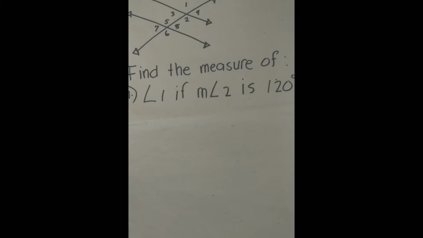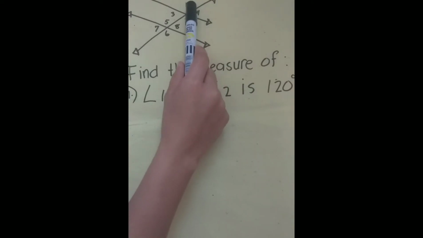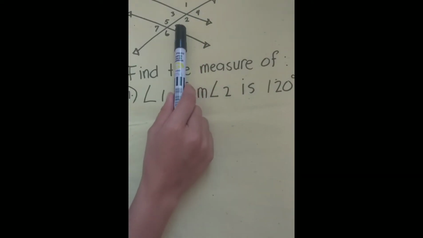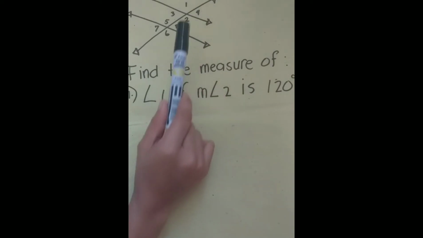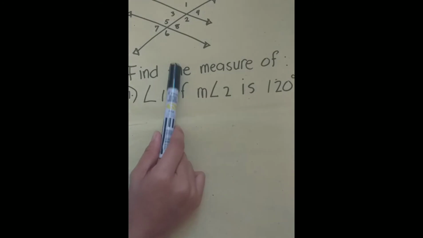Angle 2 is 120 degrees. So the measure of angle 1 is also 120 degrees because the measure of angle 2 is 120 degrees and they are vertical angles.